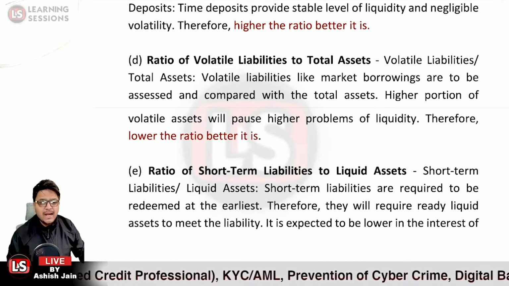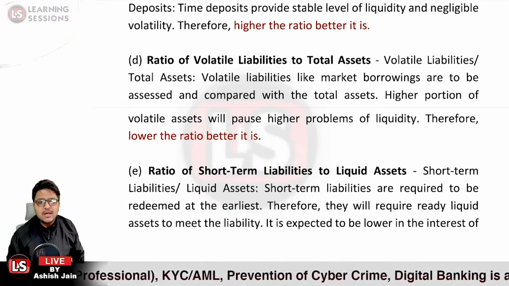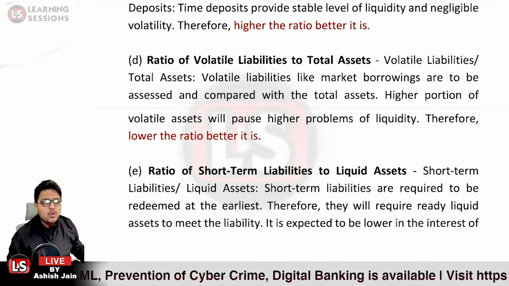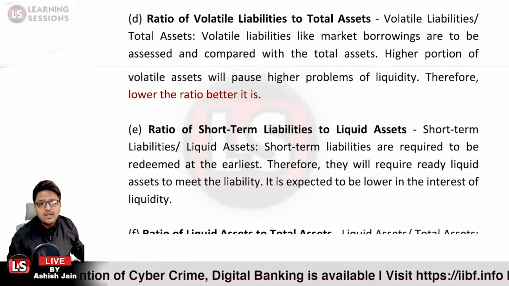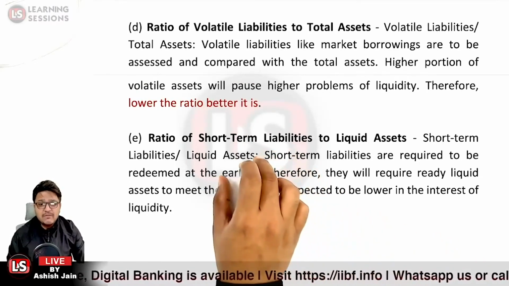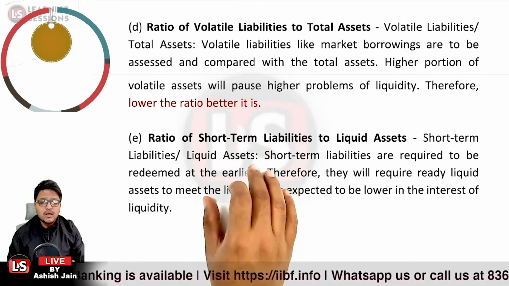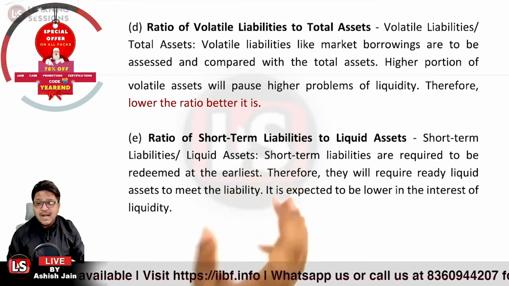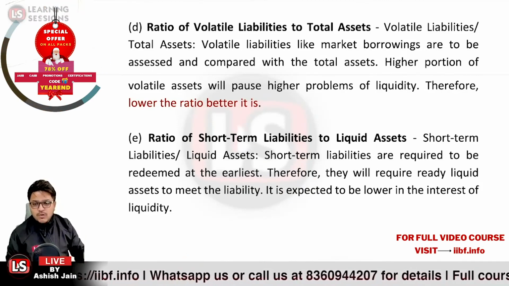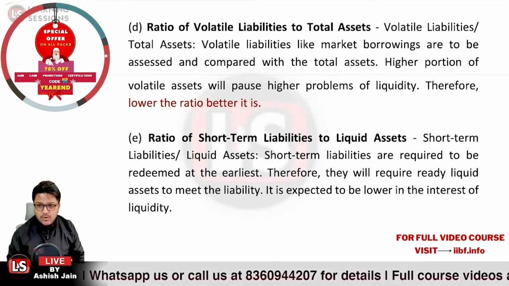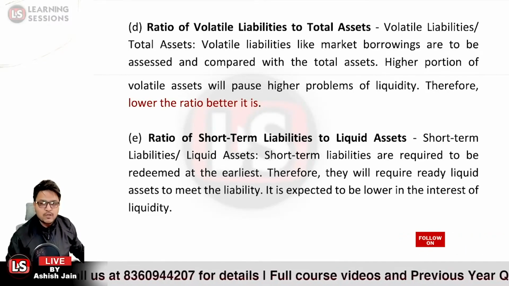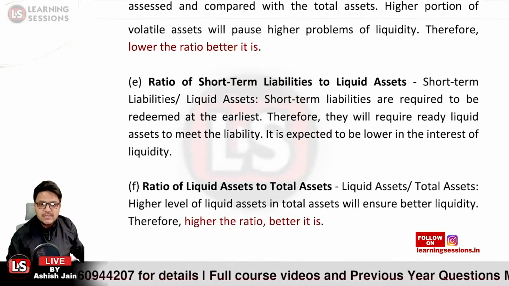It is expected to be low, because you must be having a lower amount of short-term liabilities. More short-term liabilities means you must have more ready liquid assets to meet the liability part. So for the fifth one, the lower the ratio, the better it is.